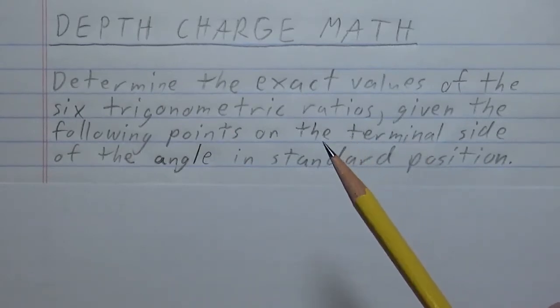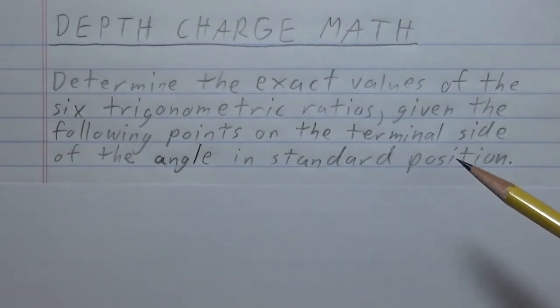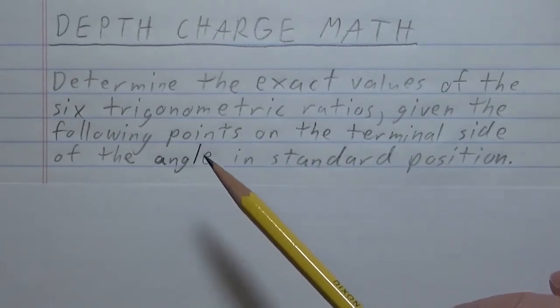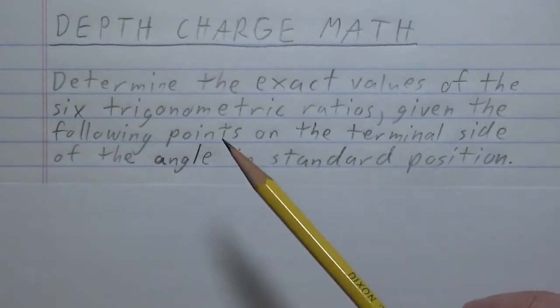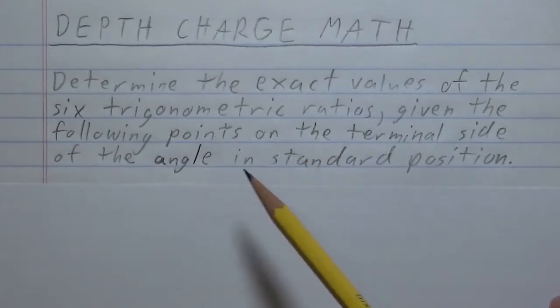The way this is worded can be rather tricky to see what all the terms mean. We want trig ratios given the following points on the terminal side of the angle in standard position.